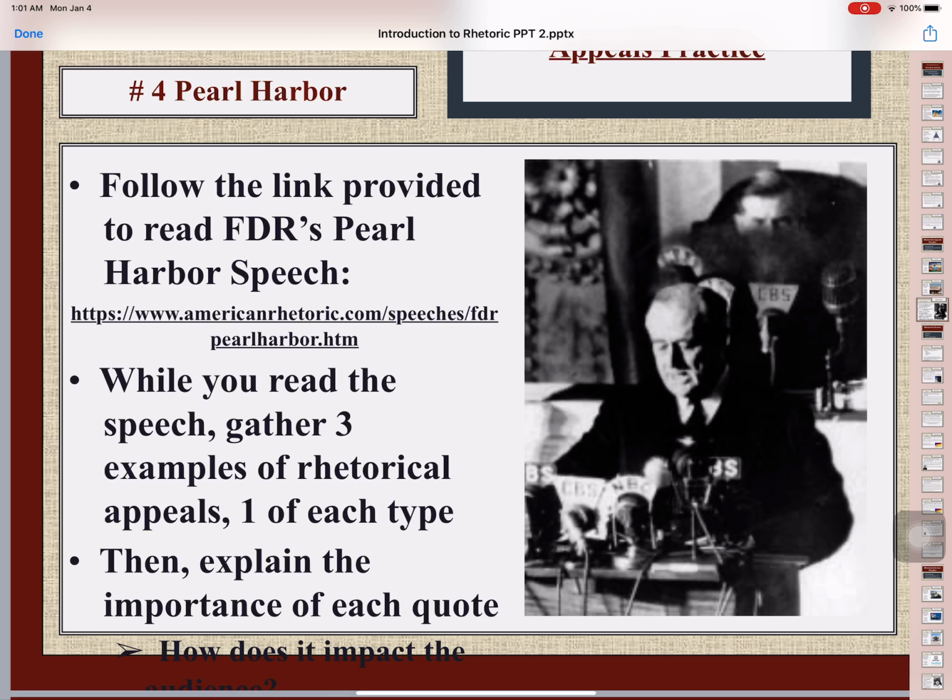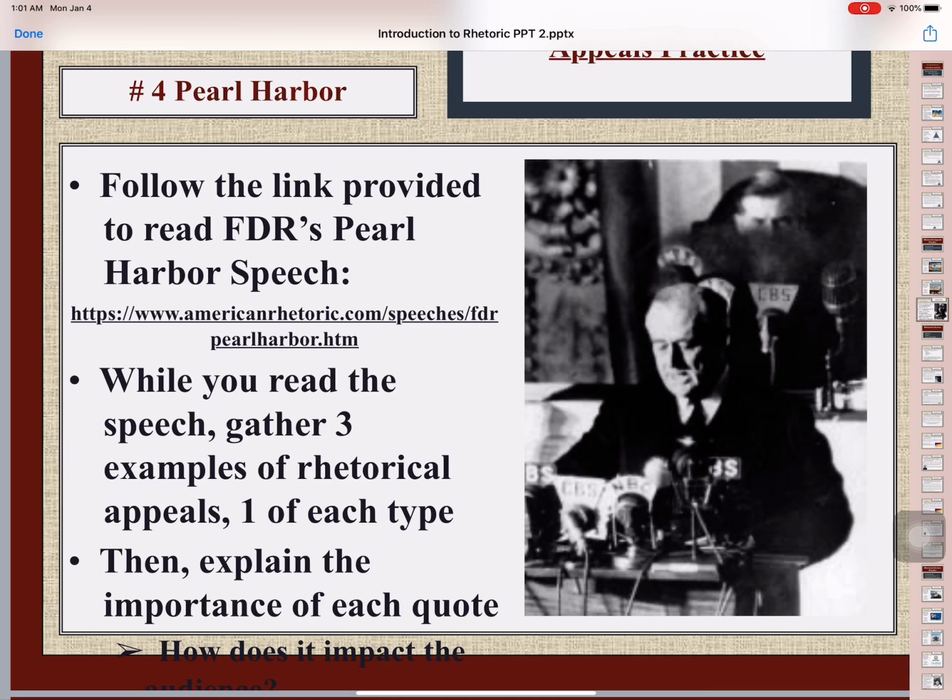All right, so for this number 4, I'm going to give you the link in the Canvas assignments. You're going to watch the speech. It's only 3 minutes long and it's powerful. And don't be caught up in the dusty recording in black and white. This is a gentleman who's talking about how our nation, none of you remember 9/11, which was just seared in my mind forever. But this was the 9/11 prior to 9/11. Okay? Follow the link.